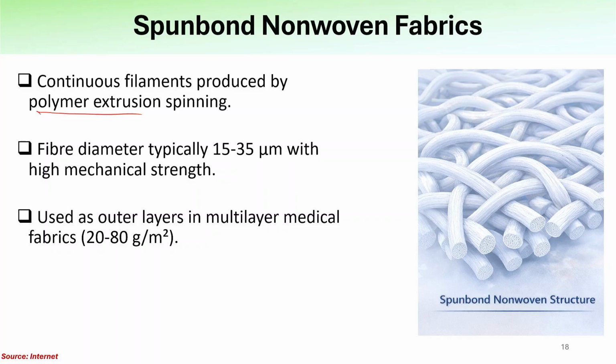They are used as the outer layer in multilayer medical fabrics, very commonly along with melt-blown and spun-bonded layers. So, spun-bonded gives protection to the actual filter layer of melt-blown non-woven.